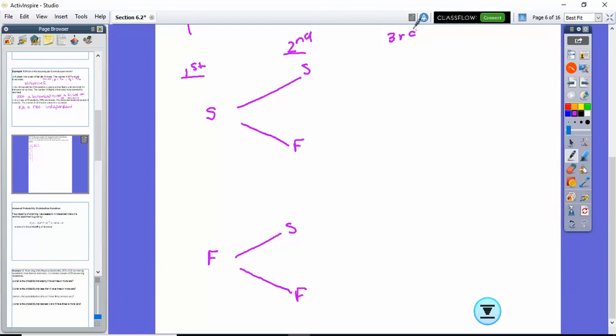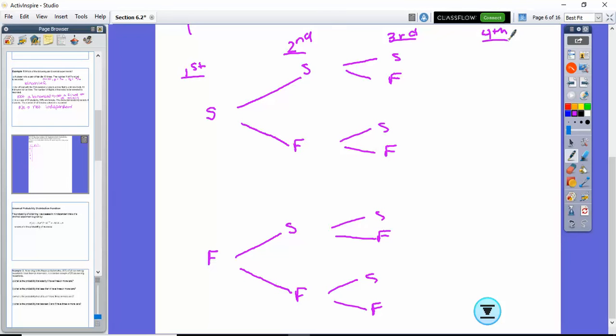Then for the third, for each of these we can have a success or a failure. And then for the fourth flight, we could have success or failure for each of those.